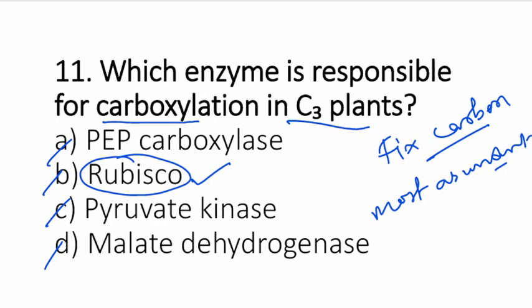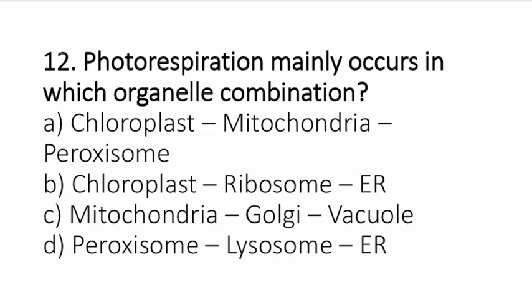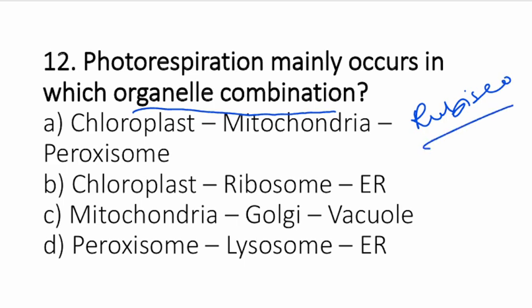Next question is, photorespiration mainly occurs in which of the organelle combination? Photorespiration, as we know, is when rubisco binds with O2 instead of CO2.